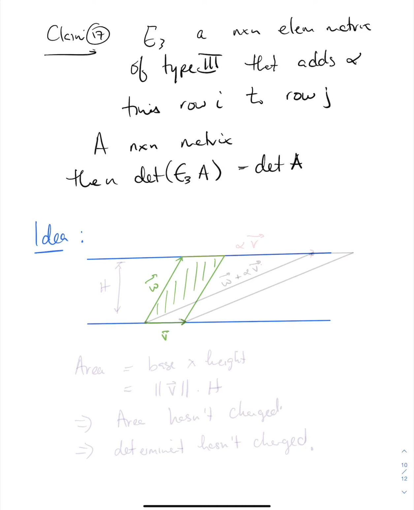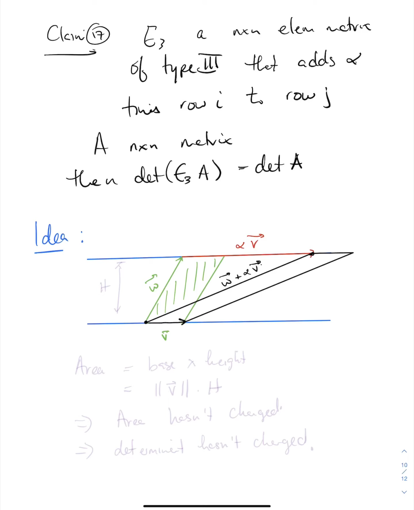Parallel to v is going to be alpha times v, which means that going from here to here, just by the addition of vectors, is going to be w plus alpha times v. So now we've got v, we've got w plus alpha times v, and we've got a new parallelogram that it defines.